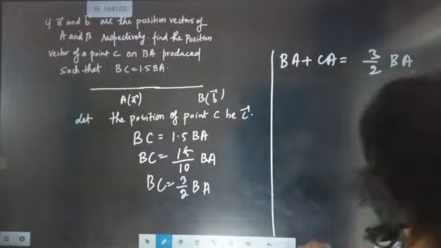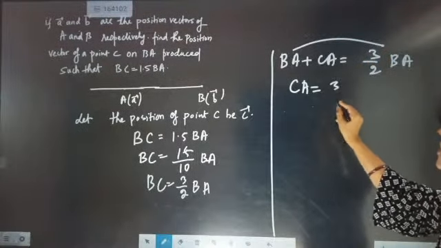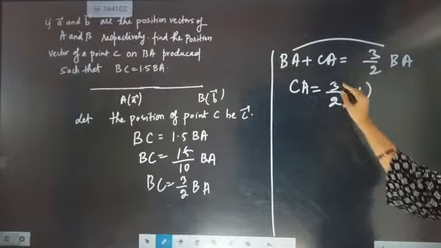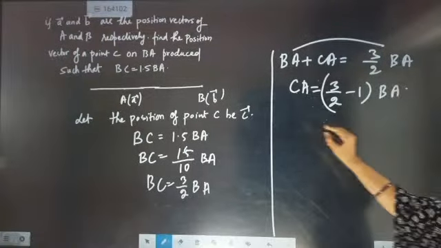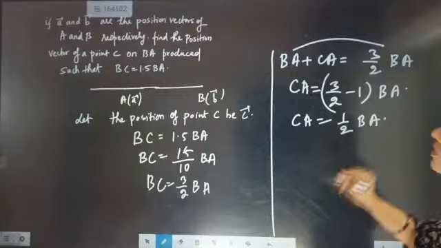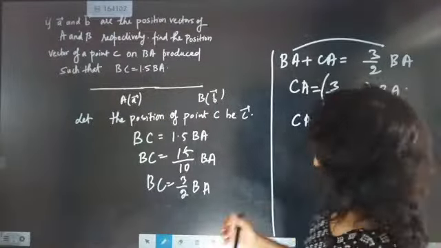That part only I am going to use. So I am just going to shift this to this side. So CA will be equal to 3 by 2 minus 1 BA. If you take common, CA is coming as half of BA. CA is half of BA.